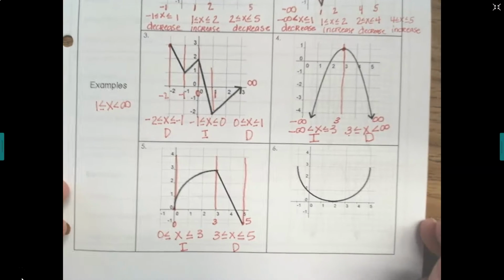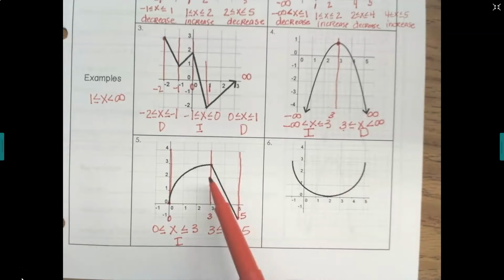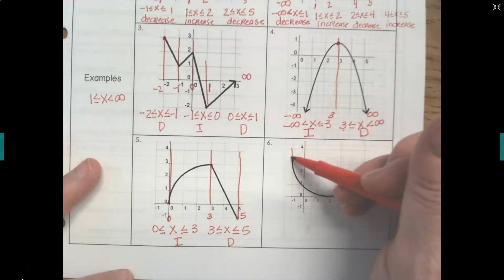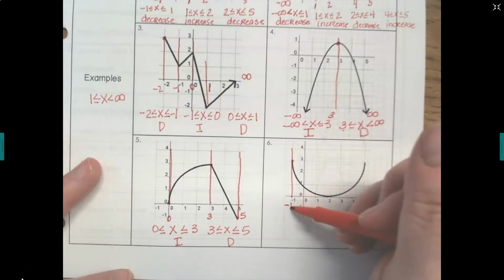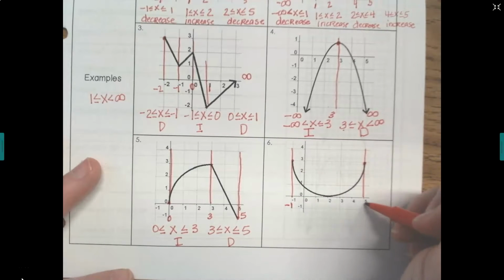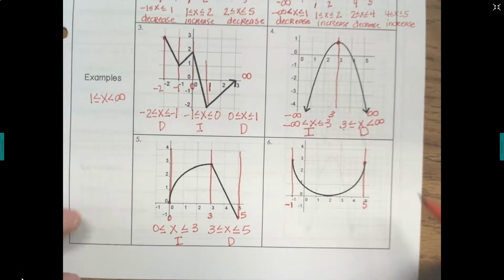All right, so we have another curve here. The curves are a little harder to see than these hard points where you're like, yep, it definitely changed direction. So I'm just going to kind of look at it. There's no arrow on the left, so I know we're going from negative 1. There's no arrow on the right, so we're going to end it over here at 5. But where does the graph change direction?